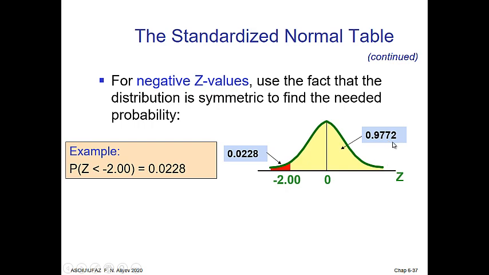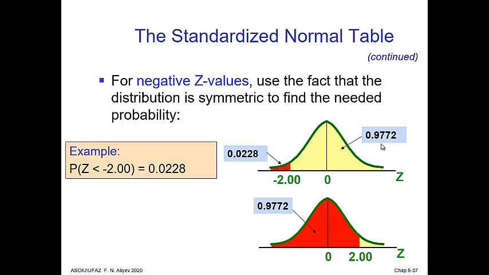Let's consider the previous example also. In the previous example, we found that the probability of z less than 2 is 0.9772, and so the right side of it is 0.0228. You see, the right side of 2 is equal to the left side of -2. This is an interesting thing, and it happens because the graph is symmetrical.